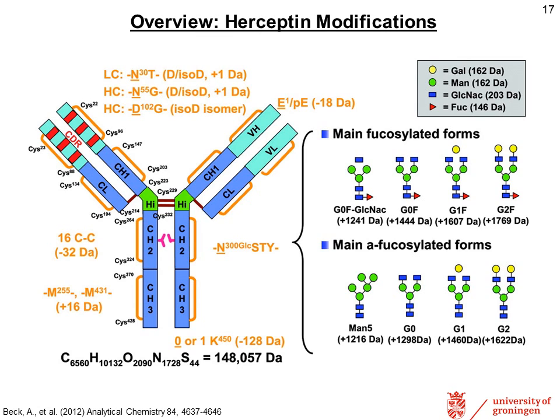There can be oxidations of methionine, for example, with +16. There can be changes in the glycosylation of Herceptin, and many of them have been shown. And there can be proteolytic cleavage at the end of the heavy chain, removing one lysine residue, to name just a few. So it is a formidable analytical task to characterize such a large molecule as Herceptin and to assure that it's produced in consistent quality.